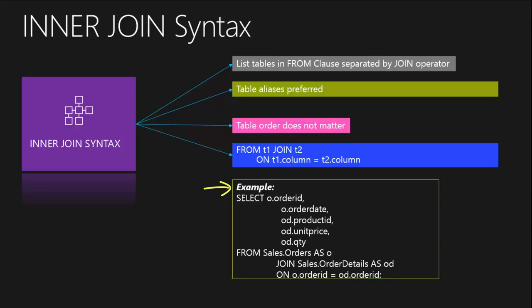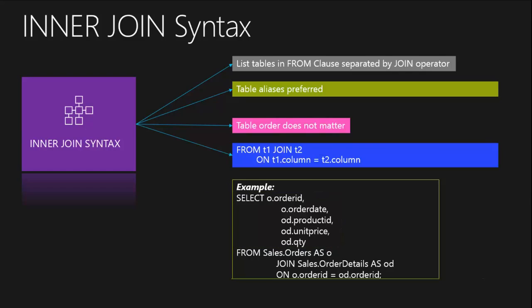The resulting rows in the virtual table are then passed on to the next phase, which is the select clause. The select clause sees that it only has to display the order ID, order date, product ID, unit price, and the quantity columns, and then just displays those columns in the result set.